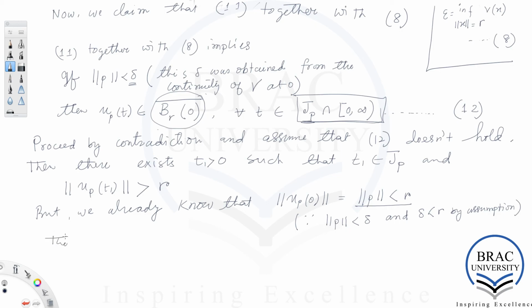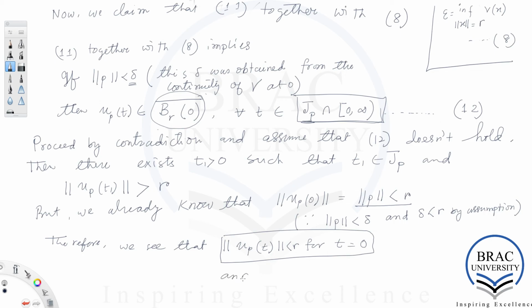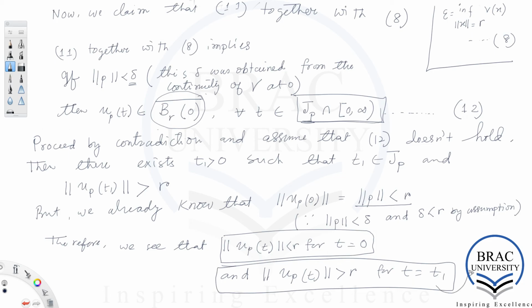Therefore, we see that norm of UP of t for t equal to 0 is less than R, because norm of P is less than R. And we have also seen that according to our assumption, now that we proceeded by contradiction, norm of UP of t is greater than R for t equal to T1, right?